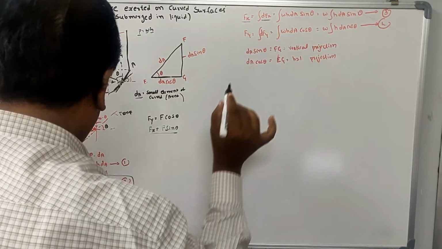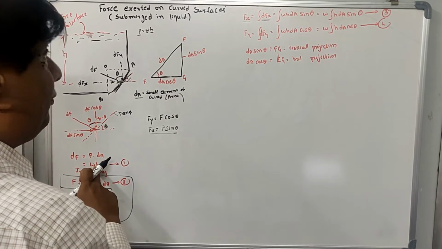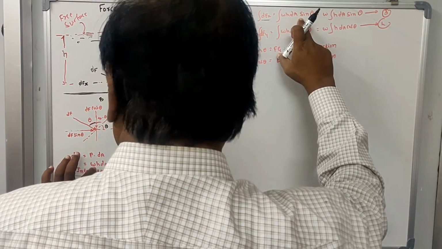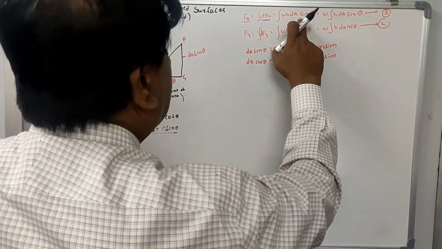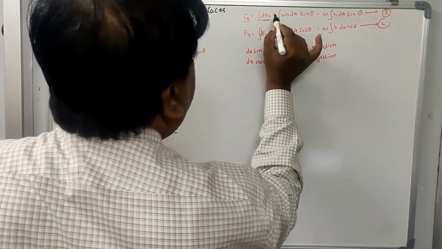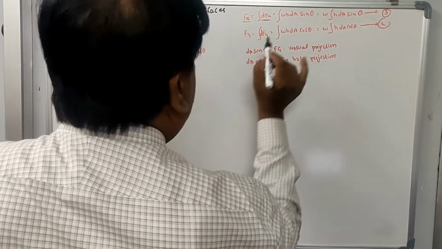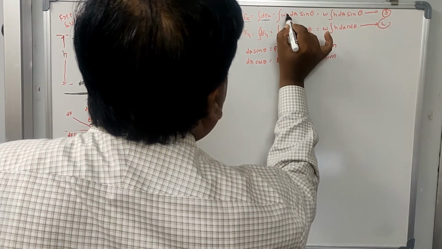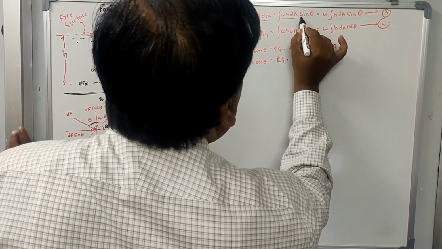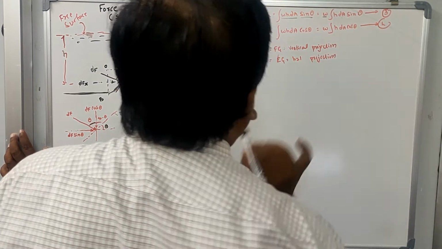So dFx is equal to dF sin theta, where dF is equal to w h dA. Multiplied by sin theta, it is w integration of h dA sin theta.